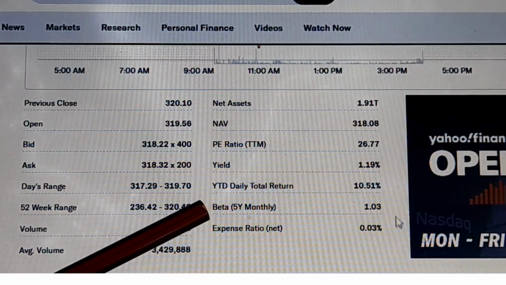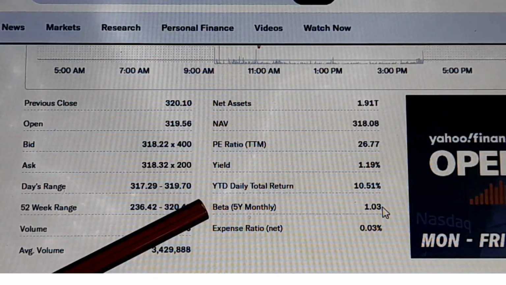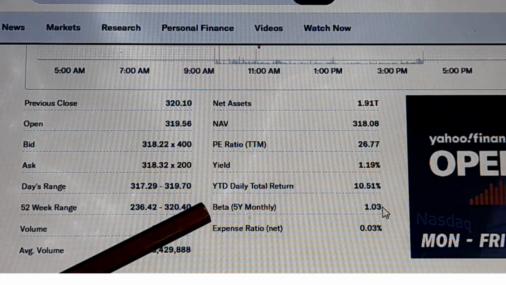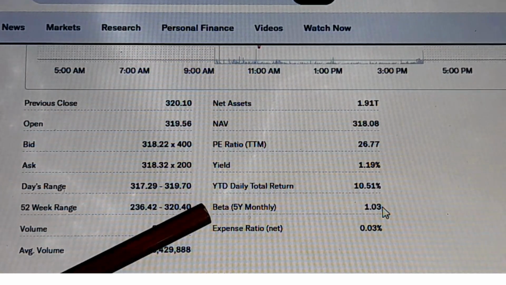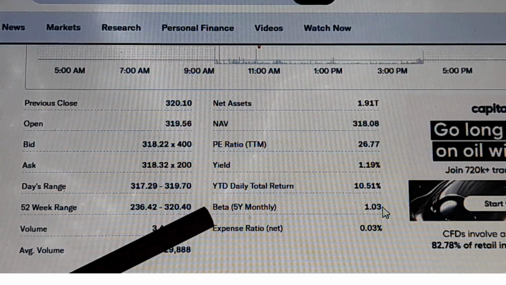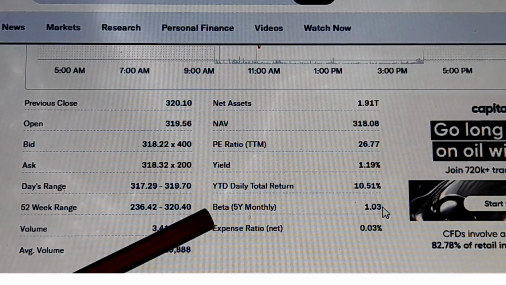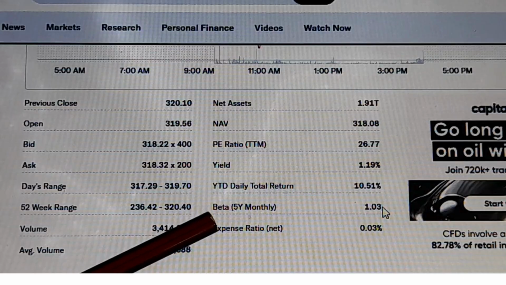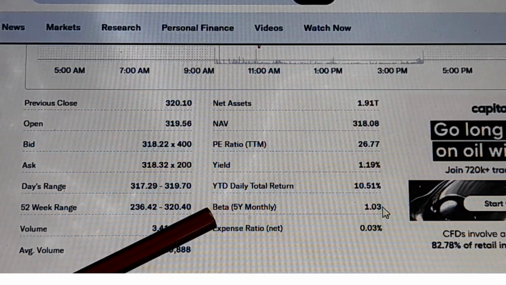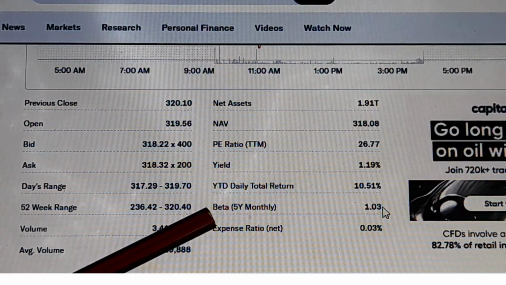Now, if it is above 1, it means the fund bounces more in the market compared to other funds. If it is greater than 1, it bounces a lot. If it is less than 1, it is less wobbly, the price bounces less in the market. But if it is just 1, it is stable, just the same as the market average.